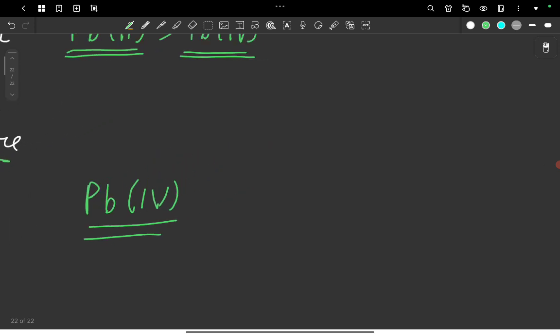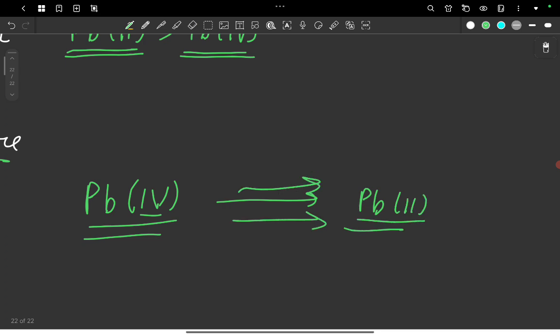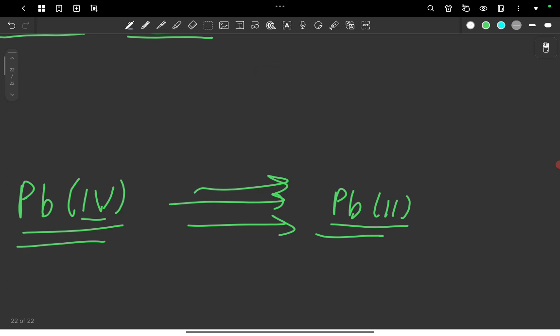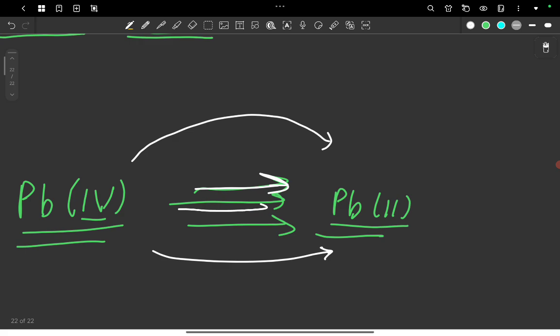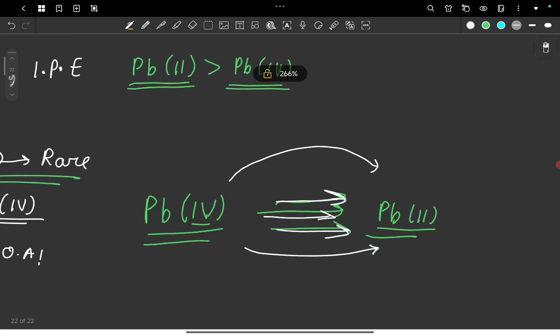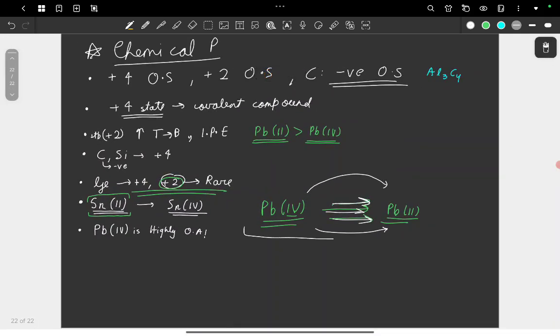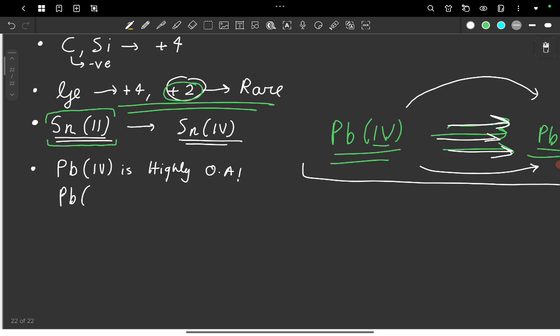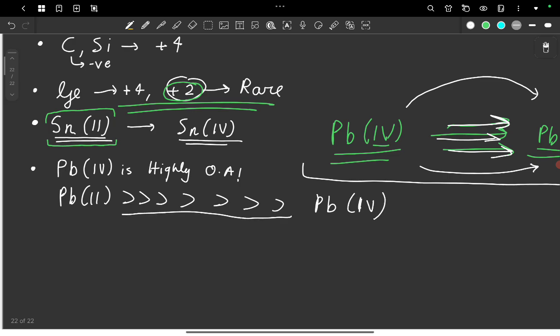If this is a good oxidizing agent, then this reaction where it gets changed from the fourth oxidation state to the second oxidation state will be a highly spontaneous reaction, and this means that the stability lies on the right hand side. The product is more stable because we can judge by looking at the spontaneity of this reaction. And this is where the villain arc of the plus 2 oxidation state has been completed, and Pb 2 plus is much more stable than the fourth oxidation state of lead.